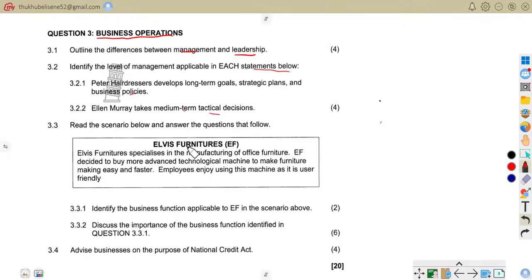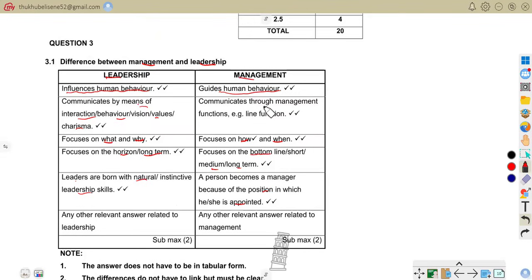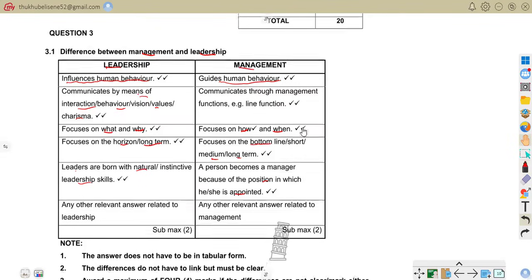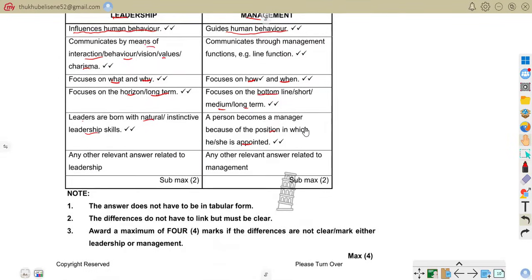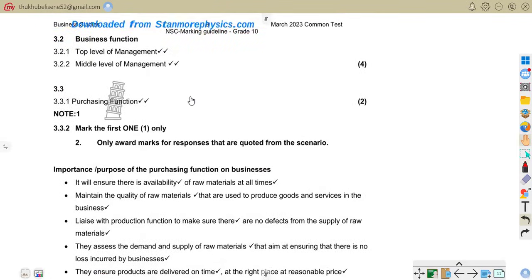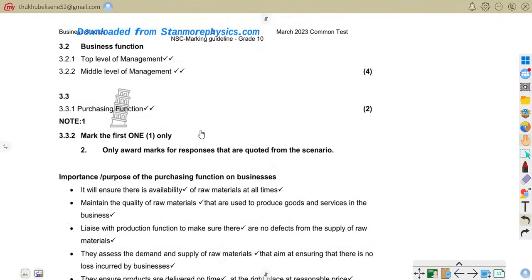So now let us go to our answers, for 3.2.1.